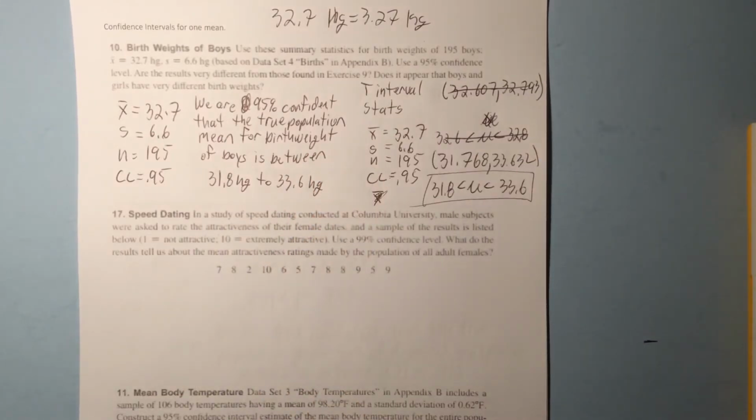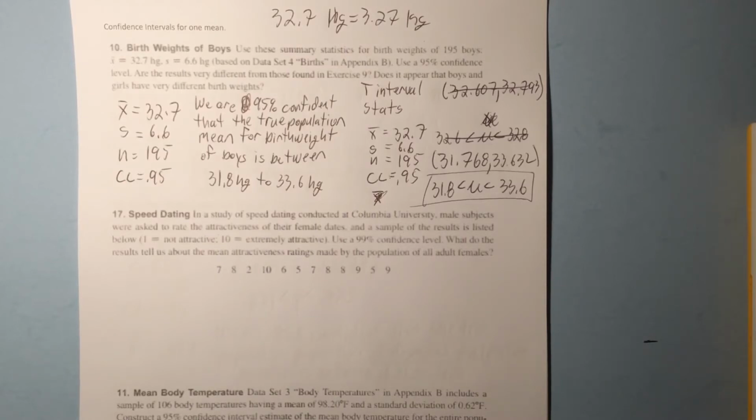Okay, so you'll notice here that the way in which we write this statement is very similar, if you watched the previous video, to how we wrote the statements when we were writing an interpretation of a population proportion.